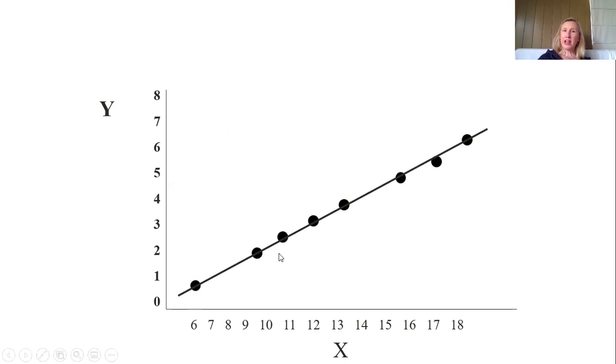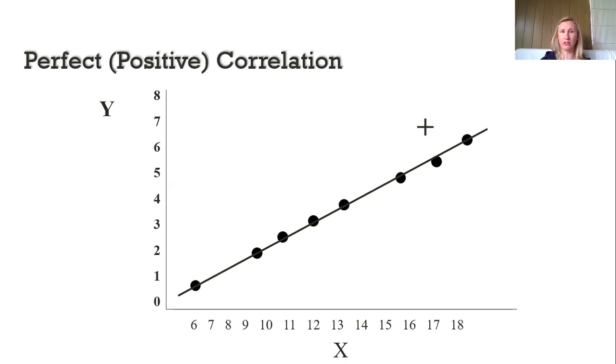However, if I had points on a graph that lined up like this, if I could draw a line that touched most of those points or came close to touching most of the points in a straight line, I would say that I've got a correlation between the variables, and it is positive because it's moving in an upward direction. So as x is low, y is low, and as x gets higher, so does y.